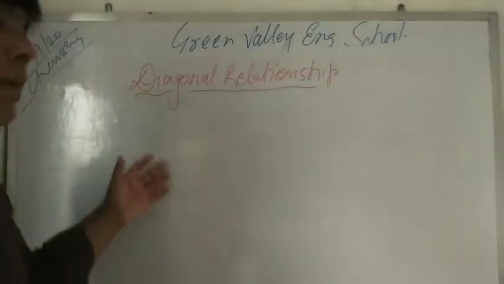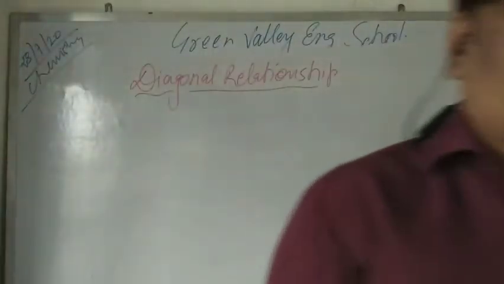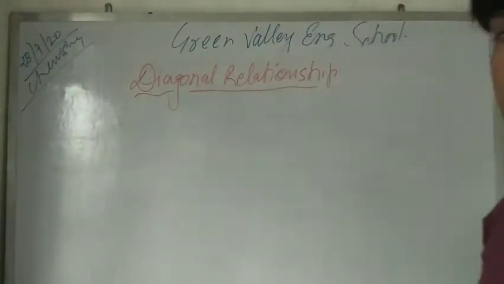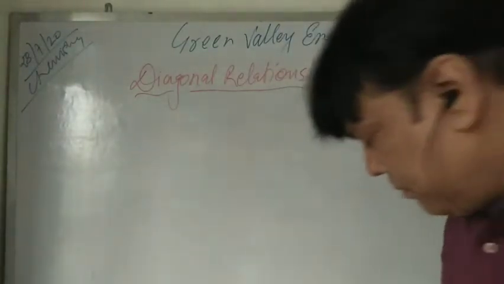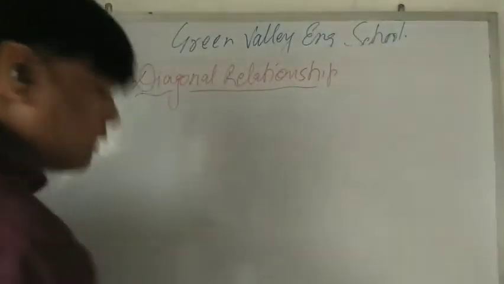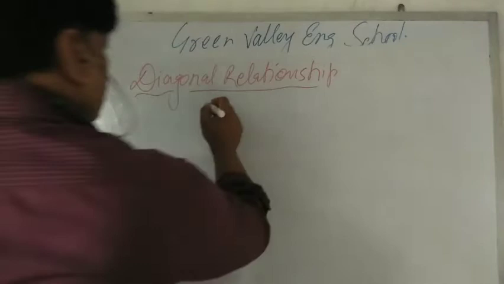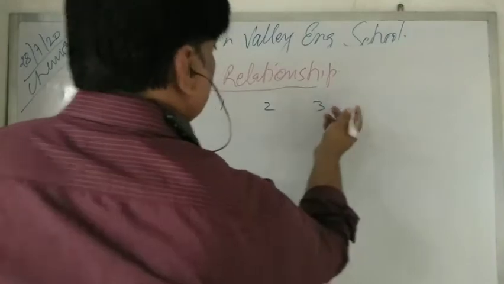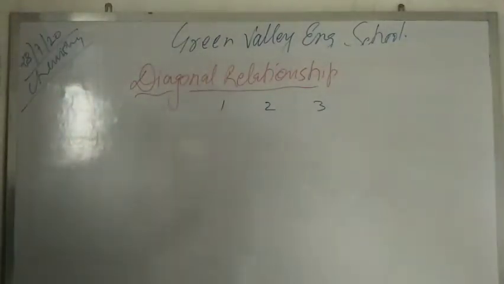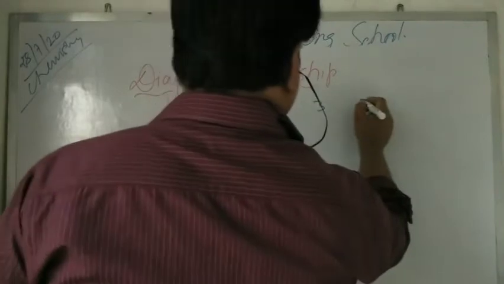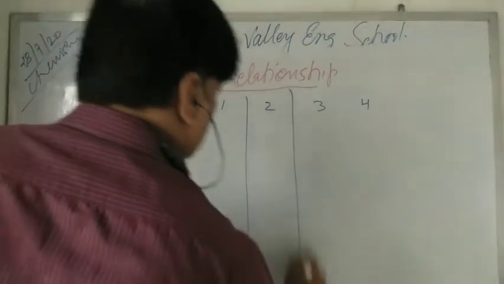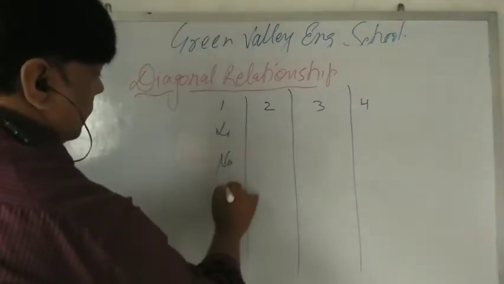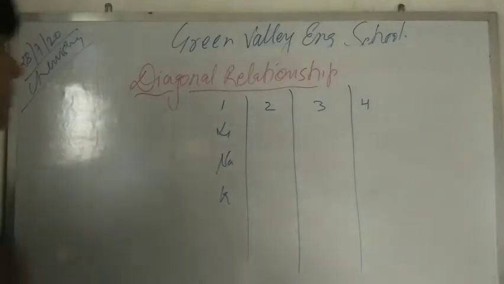So next topic is our diagonal relationship. What is diagonal relationship and how elements show diagonal relationship? Which elements show diagonal relationship? It is a part of our anomalous property. So in group 1, group 2, group 13 and 14, members are lithium, sodium, potassium and so on.